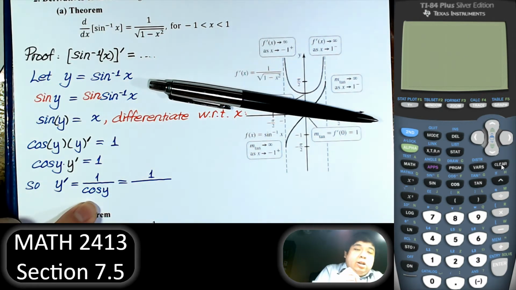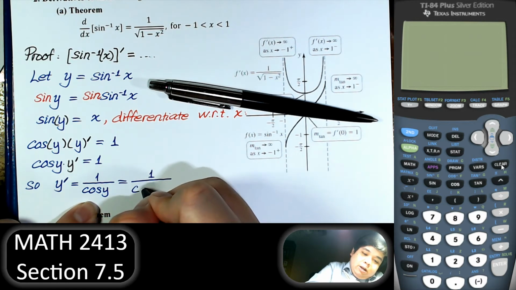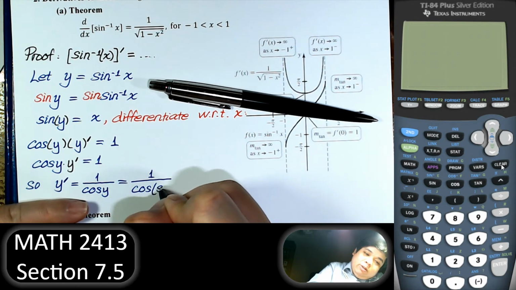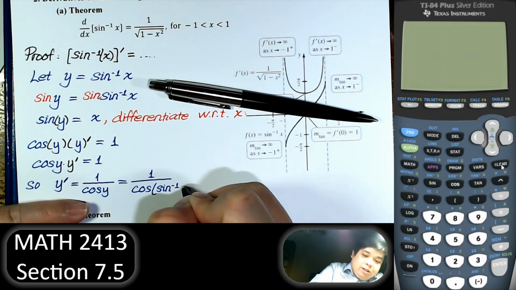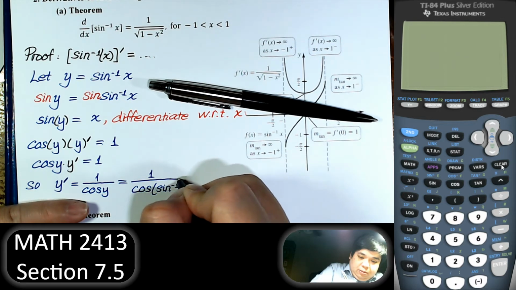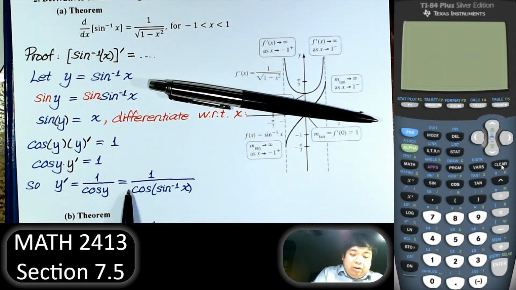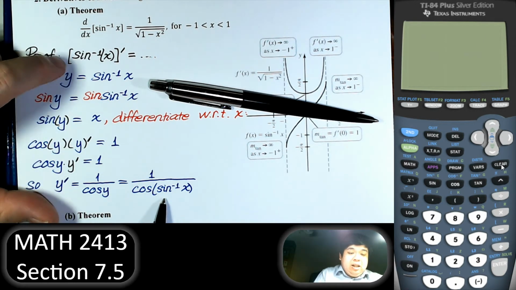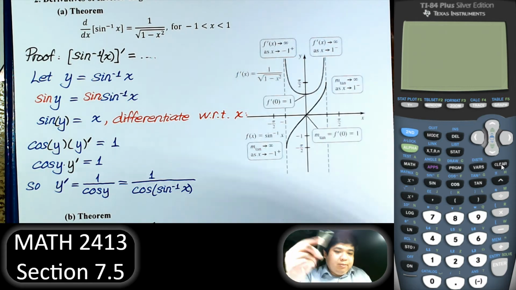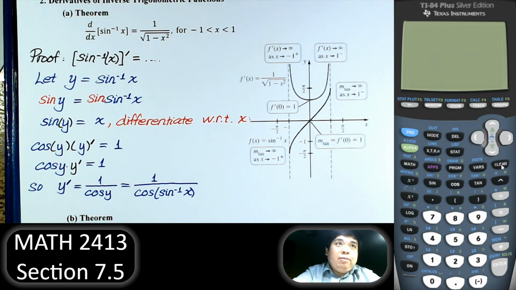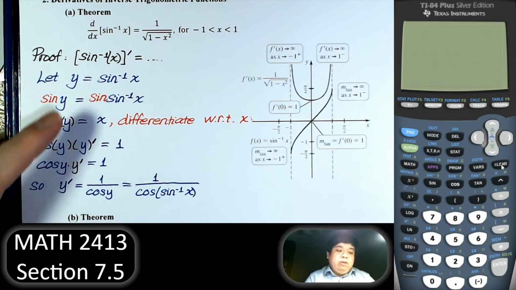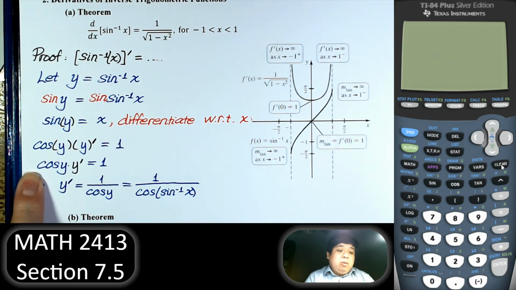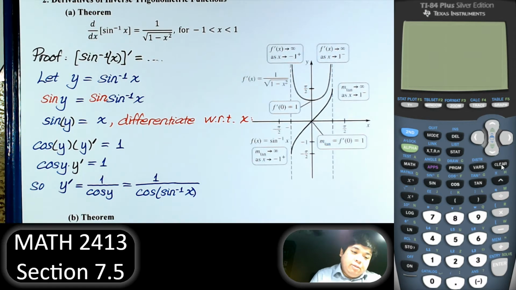Cosine of y, where y is sine inverse of x. Now we just need to simplify that in terms of x. So, function cancels the inverse, then differentiate implicitly. That's what we have.